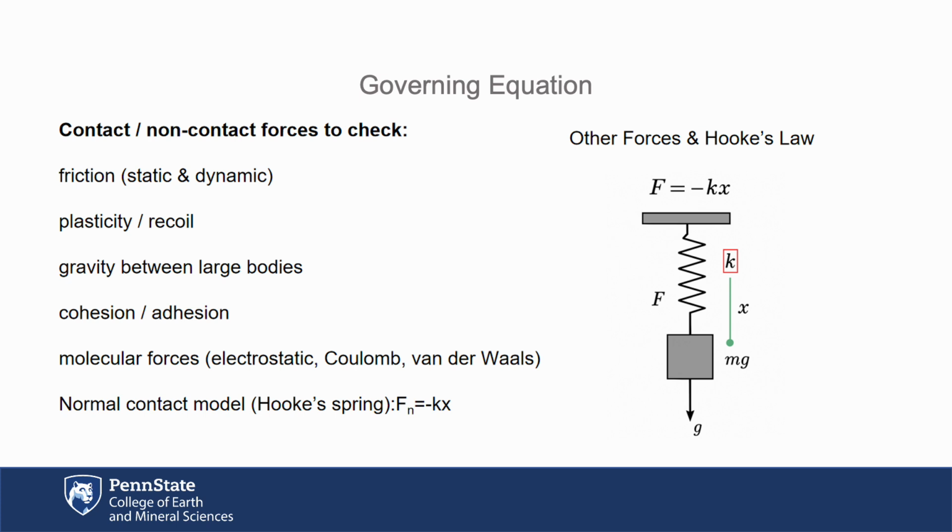Molecular forces, for tiny particles, electrostatic or van der Waals. The particle on the right is a lateral spring. When two particles press, it's like a spring. The spring compression is x, the stiffness is K, and the force is F equals Kx. DEM just adds up all these forces each time step to get the next position. That's it.